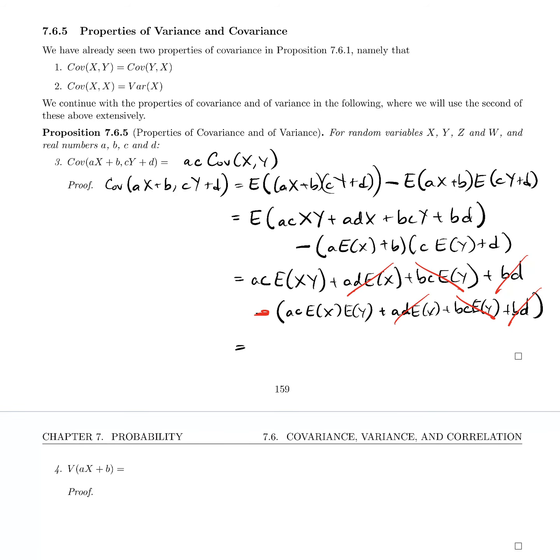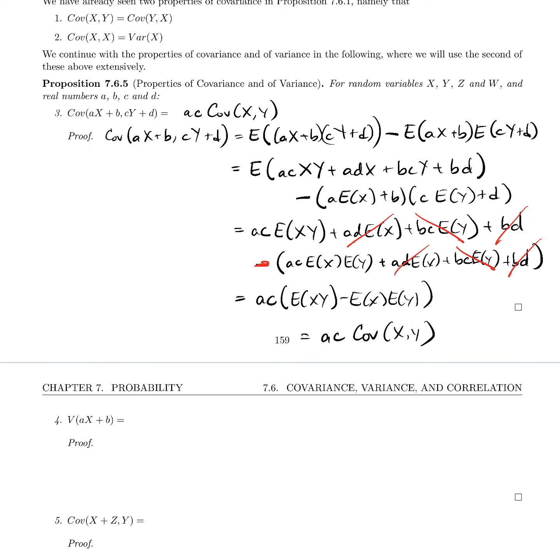Well, we've got ac E of XY minus ac E of X times E of Y. So let's factor out the ac, and we're left with the expected value of XY minus the expected value of X times the expected value of Y, which is exactly ac times the covariance of X, Y. That is the computational formula of the covariance. So that is exactly as required.